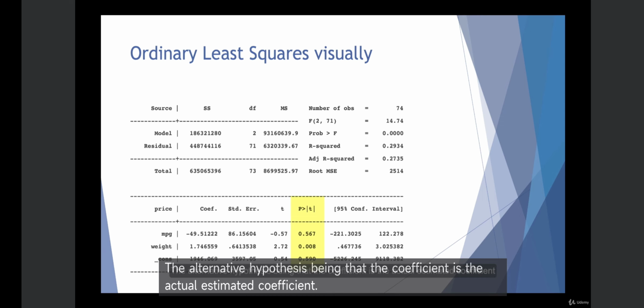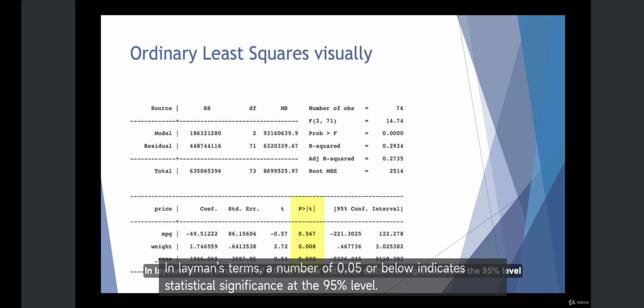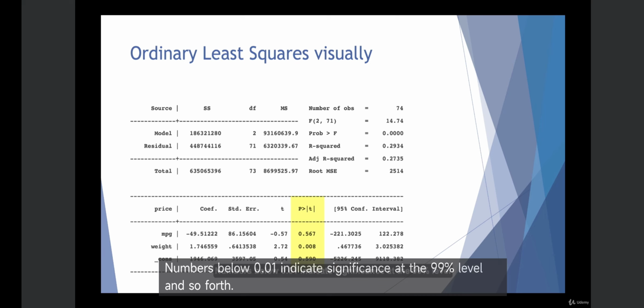The alternative hypothesis being that the coefficient is the actual estimated coefficient. In layman terms, a number of 0.05 or below indicates statistical significance at the 95% level. Numbers below 0.01 indicate significance at the 99% level, and so forth.